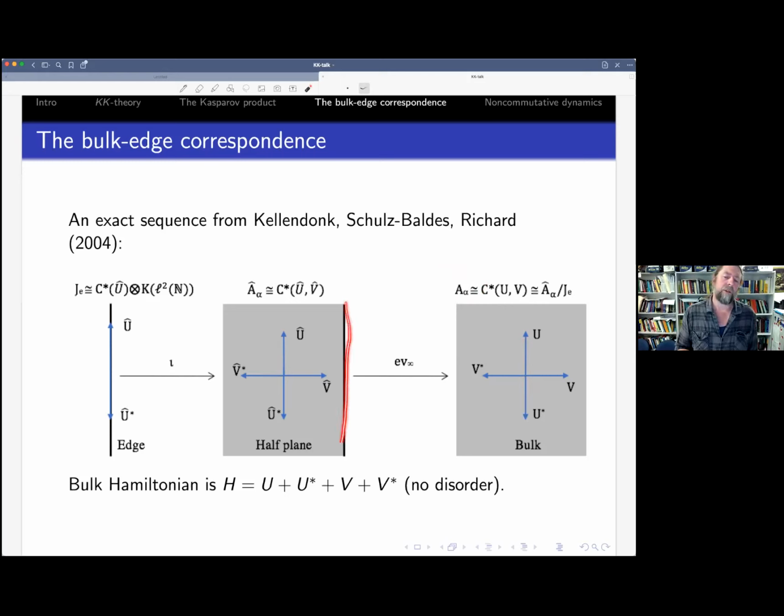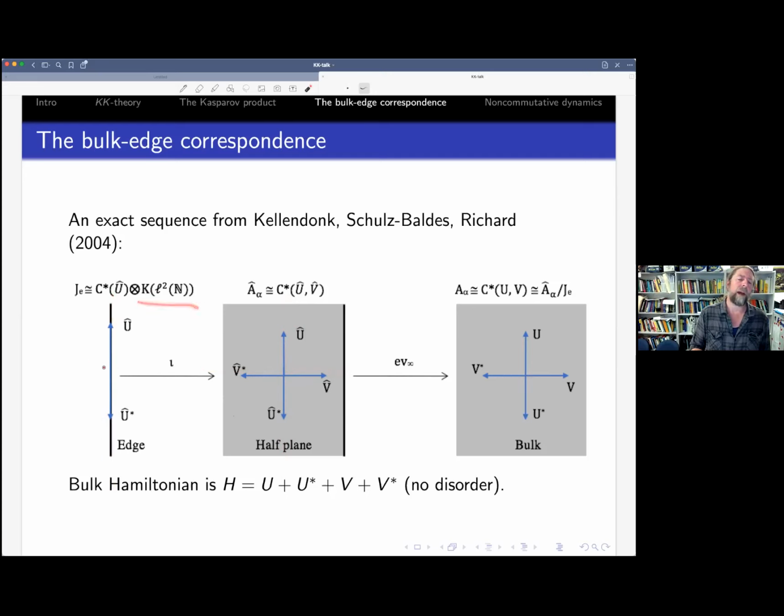Here, I'm going to introduce an edge. So we're going to look at what happens to our system in the neighborhood of one of the edges of our material. So now U is still a bilateral shift, but V is an isometry. So U is unitary, V is an isometry. Over here, I'm thinking about just the edge, where I have U being a unitary.